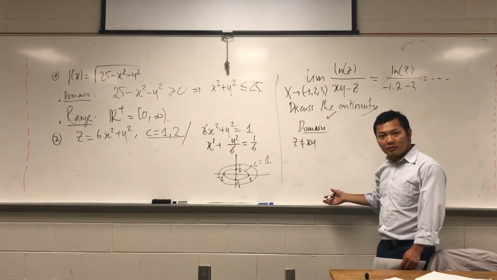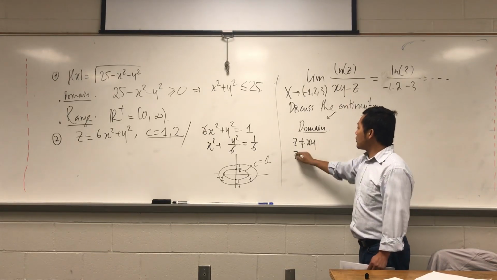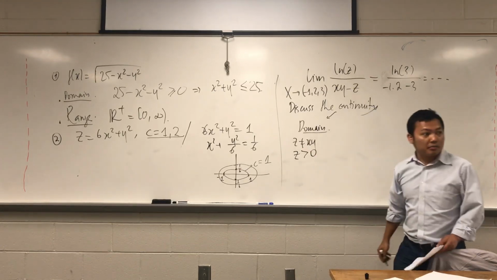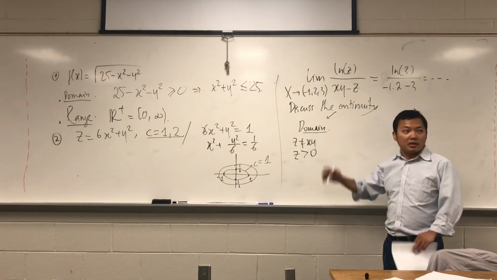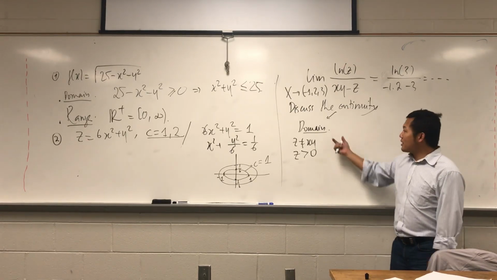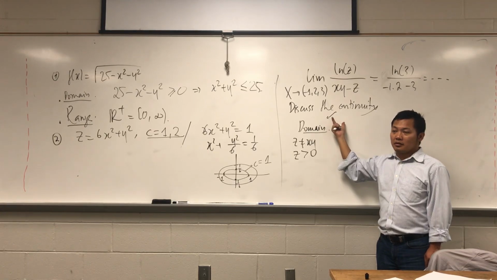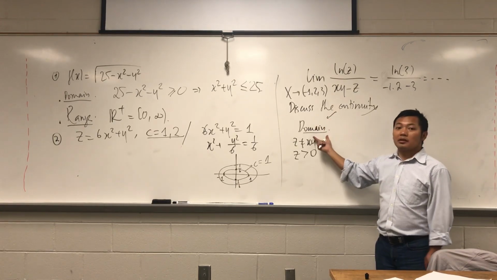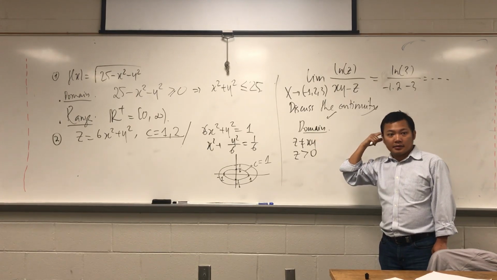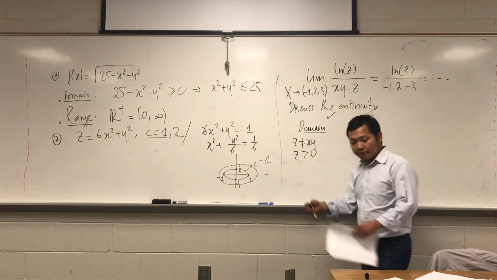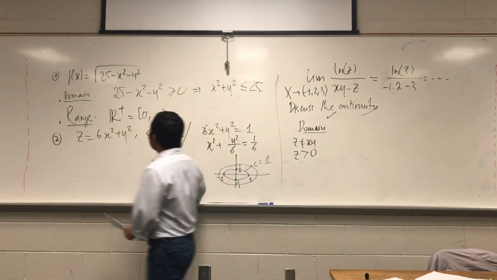What else? z should be greater than 0, right? Okay? So except those points, the function is continuous. That's it. So basically this question is equivalent to determining the domain of that function. Make sense? Okay? So, you know, I don't see any problem with this. All right.